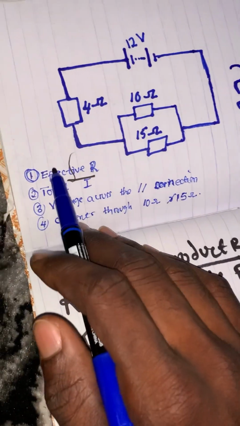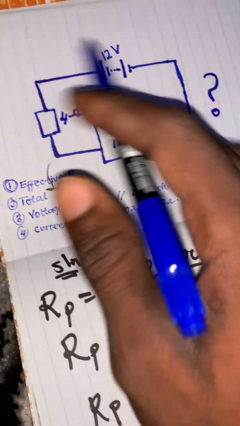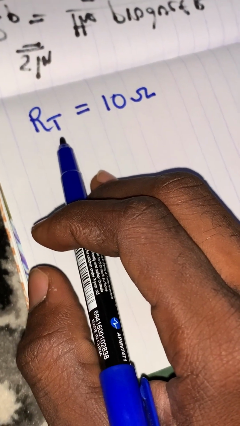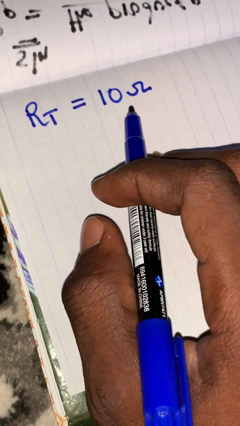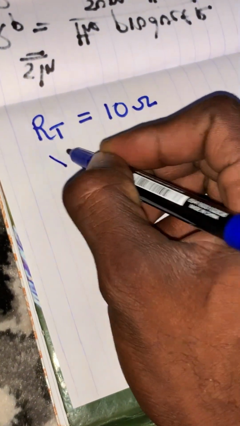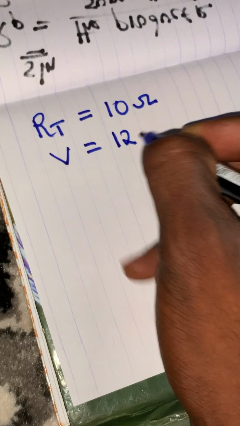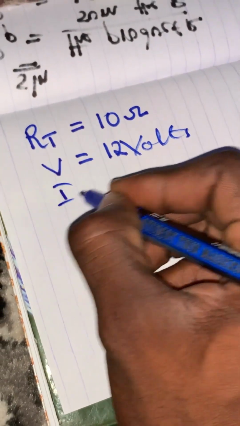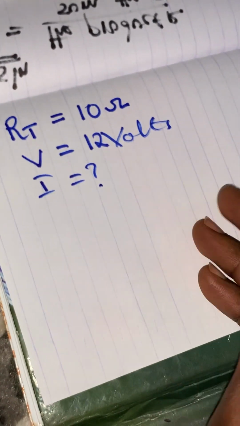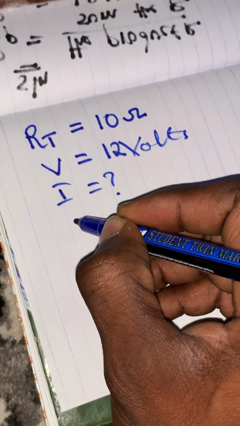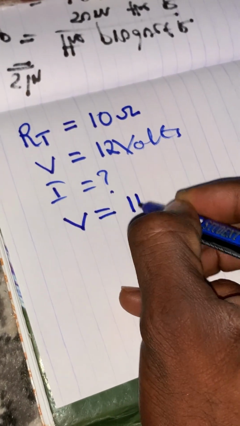Now let's move and find the total current through the circuit. As we already obtained the effective resistance as 10 ohm, then from the given circuit, voltage equals 12 volts and I equals unknown, the total current through the circuit. And from Ohm's law, we know that V equals IR.